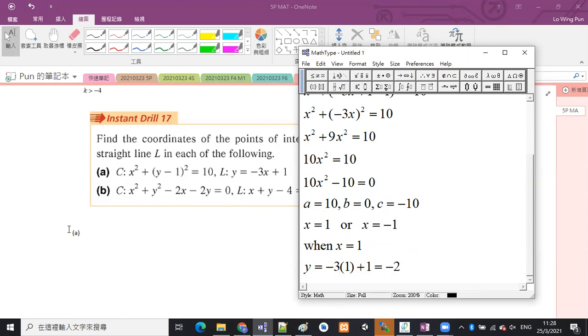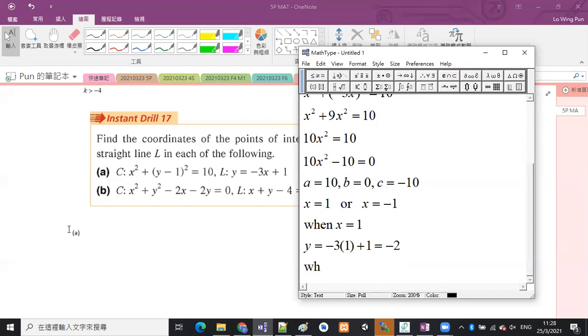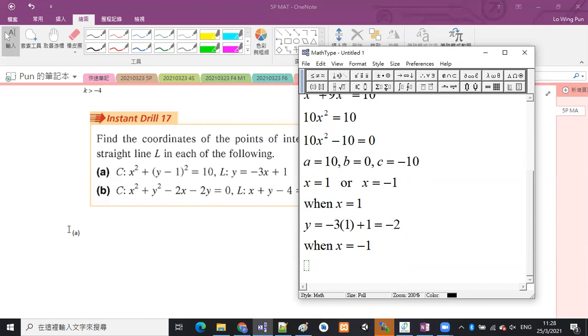And the other part, when x is negative 1, we put negative 1 into the same formula to calculate the value of y. So y is calculated by negative 3 times negative 1 plus 1. I think it should be equal to 4, is it?